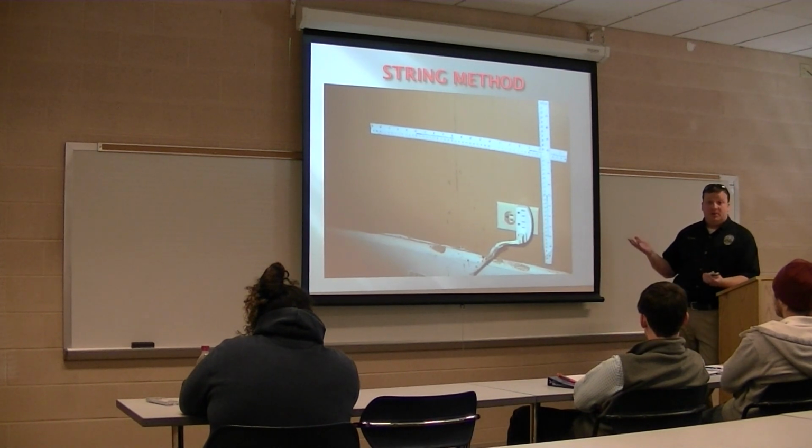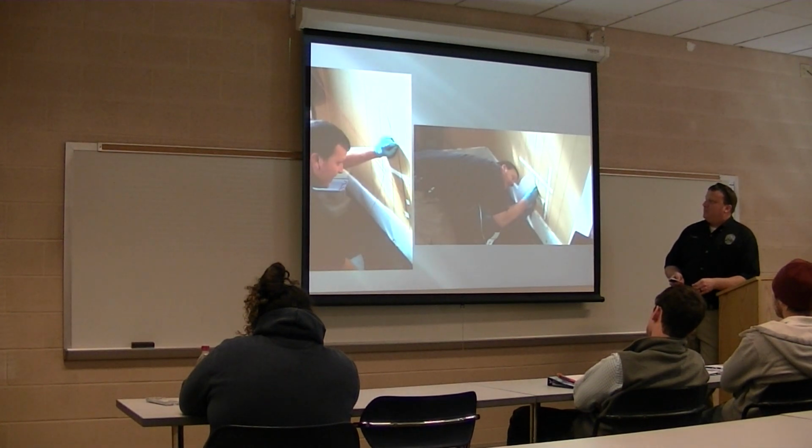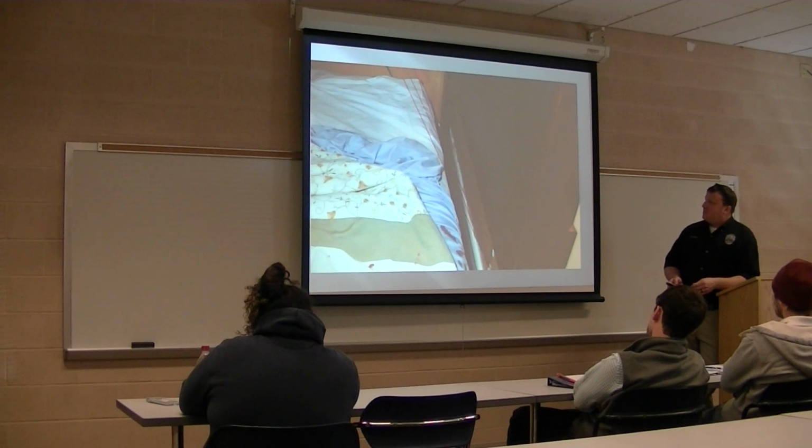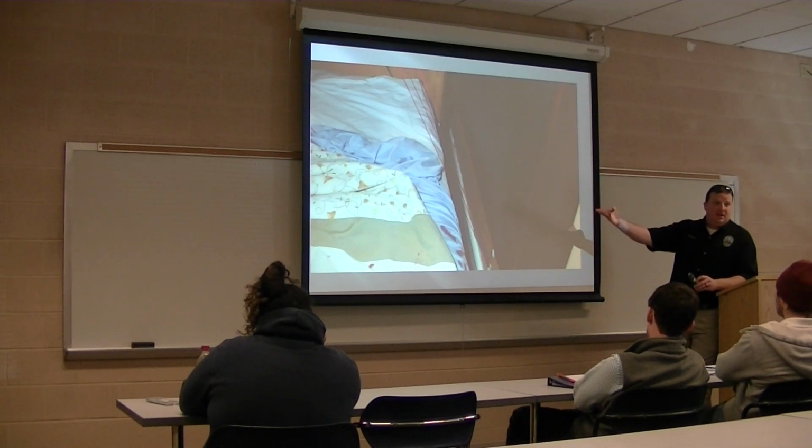And we're able to do that because blood reacts that way every time. And that's just putting some strings up on those things. And then, same scene, we're able to piece it back together. That told me that this guy was laying in the bed when he got attacked.